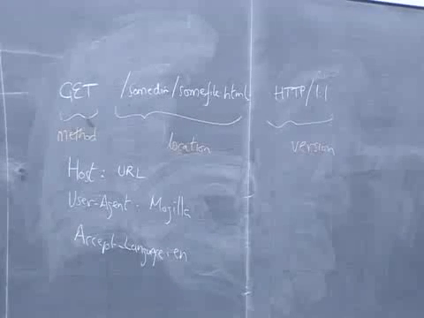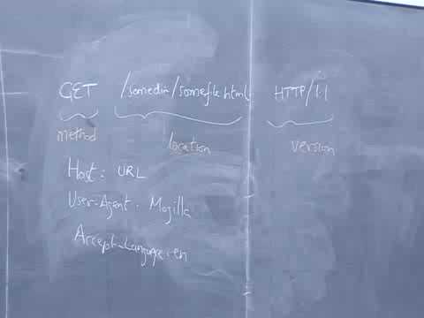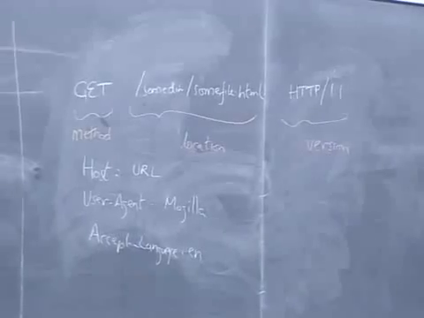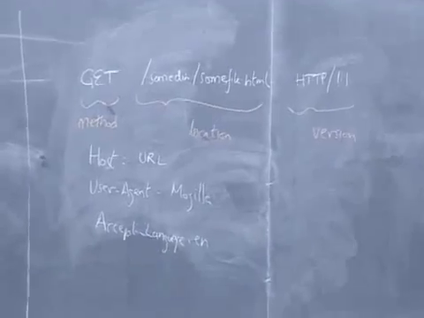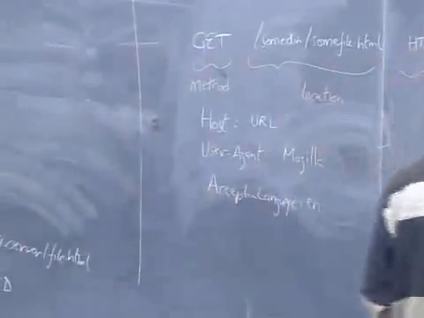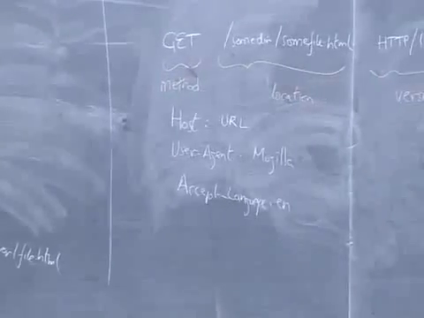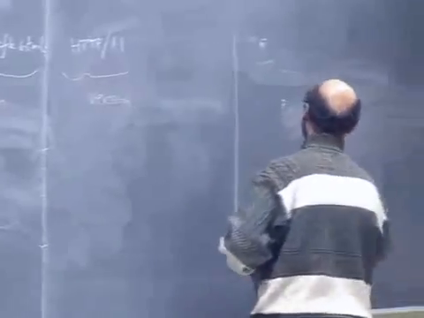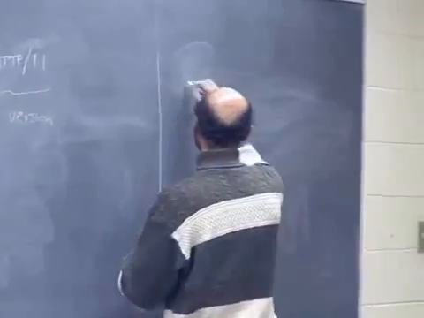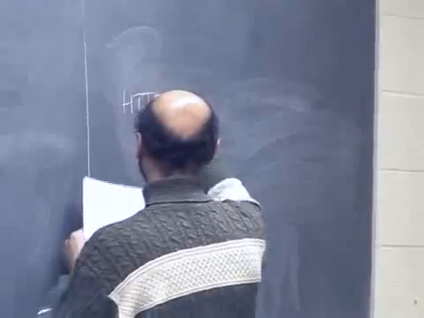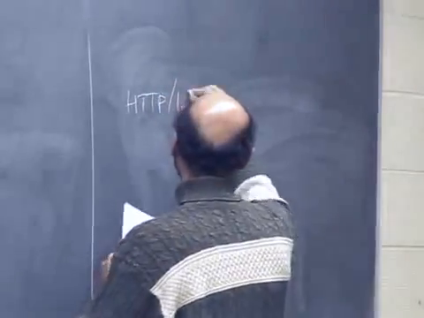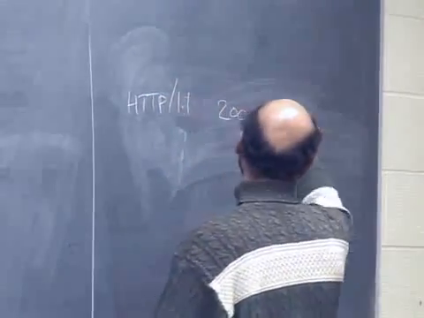So you can see why having English text and understandable stuff is useful. That's the other thing that these guys do: text-based. What does the response look like to this request? The response looks something like HTTP/1.1 200.